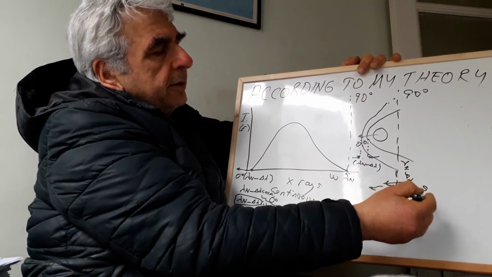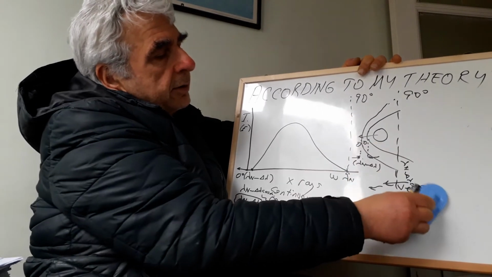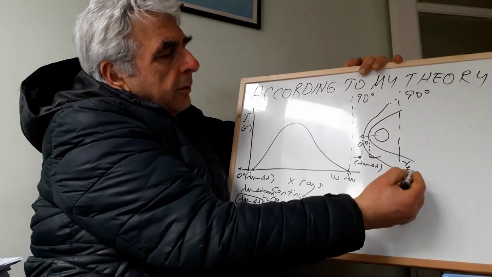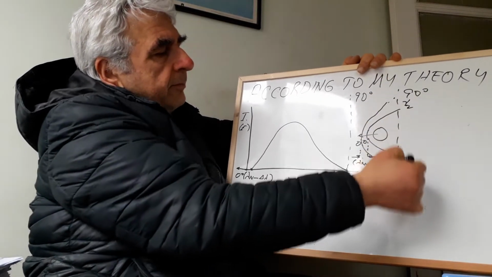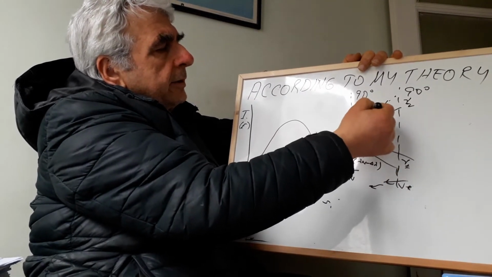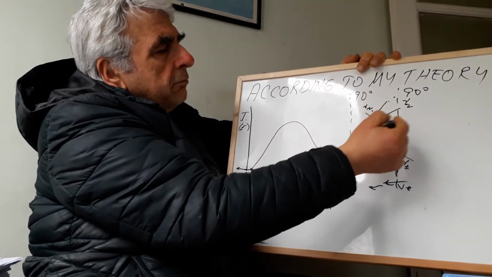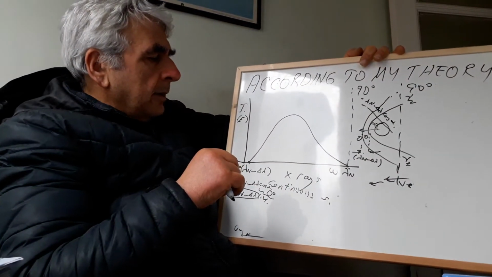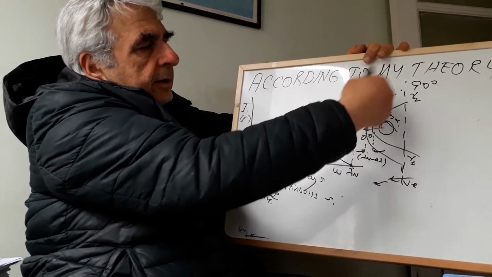Remember, cosine 90 degree equals 0. Because of that, we say only lambda n on this side. At another angle, it is lambda n minus delta lambda cosine alpha, whatever. For us, these different angles are not important now.